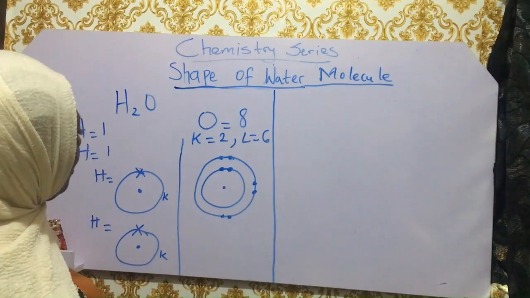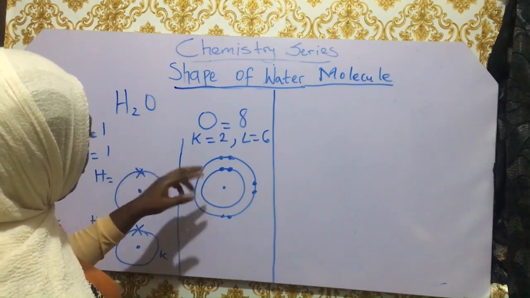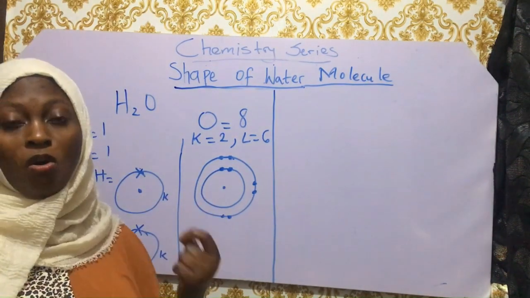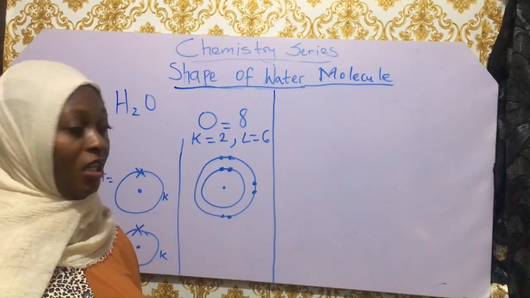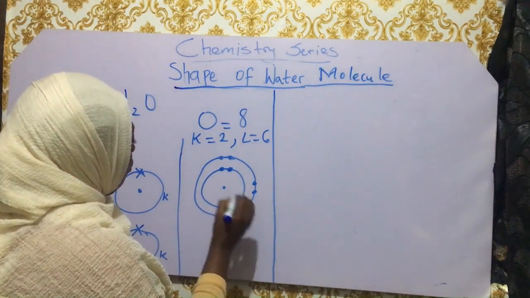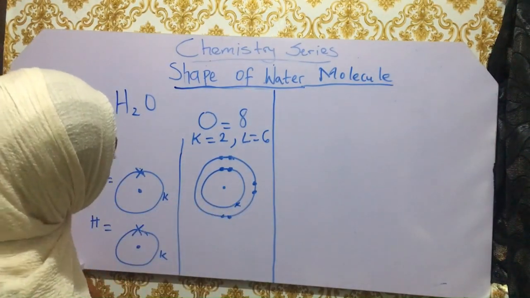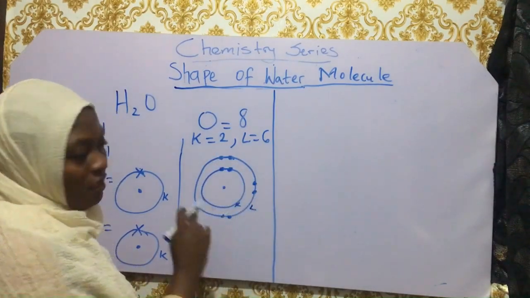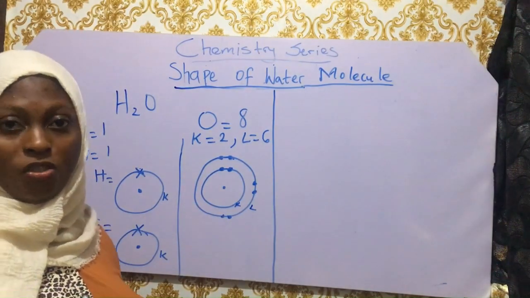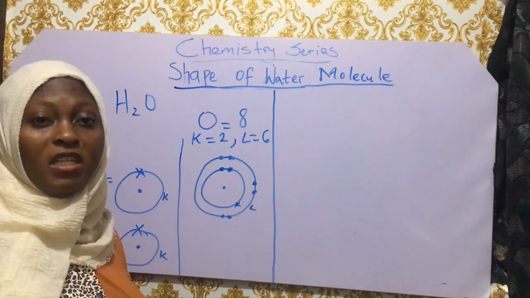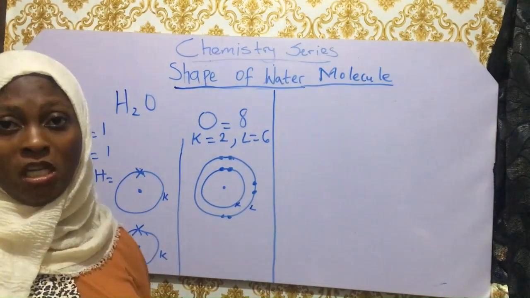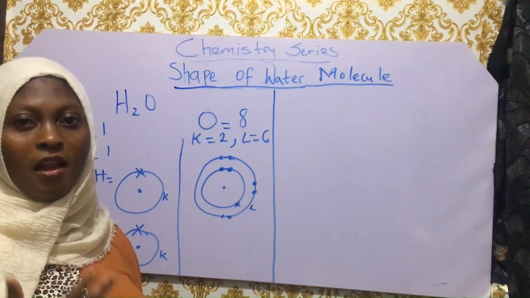Now let's see. Oxygen obeys the 2-8-8-18 rule in the first shell, because the first shell of oxygen has just 2 electrons, which is the K shell. And the second shell of oxygen, which is the L shell, you have 1, 2, 3, 4, 5, 6, which is just 6 electrons, which does not obey the 2-8-8-18 rule. Because for oxygen atom to be stable, it needs 8 electrons.